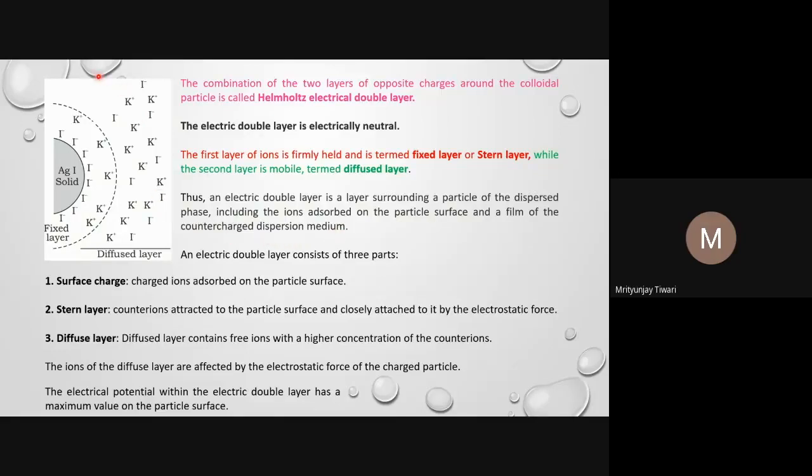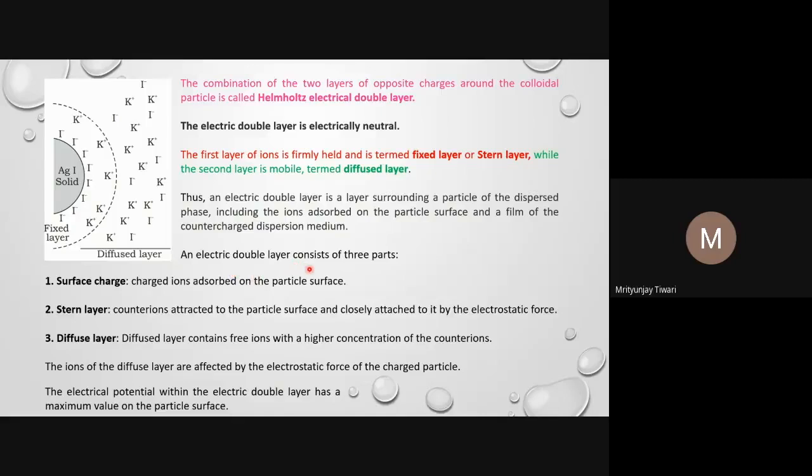This film of counter-charged dispersion medium is another layer, which also contains the counter charge and some molecules of the solution. So these are the two layers that are formed, and this is the diffuse layer.